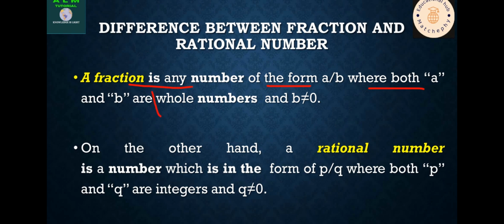So remember, fractions are limited to whole numbers only. On the other hand, a rational number is a number in the form of p by q. A fraction is also in the form of p by q, and the denominator is not equal to 0. These are the same in both fraction and rational number. But for fractions, a and b are whole numbers, and for rational numbers, p and q are integers.